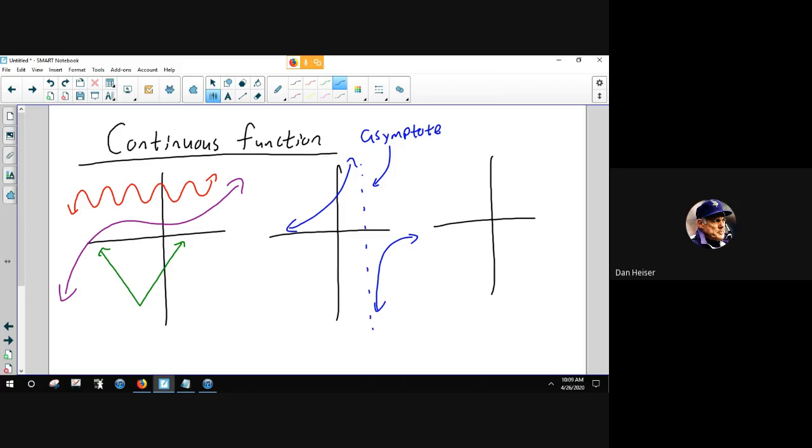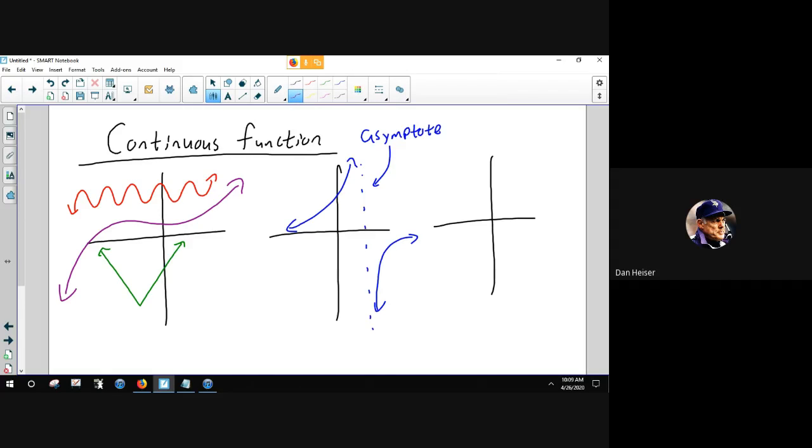That's something we'll come back to later on, all about asymptotes. For now, just think of it as an invisible boundary that cannot be crossed. We can approach it, we can get really, really close, but in order to continue, we have to first jump over it and then pick up. Because I have to jump, it is not continuous anymore.